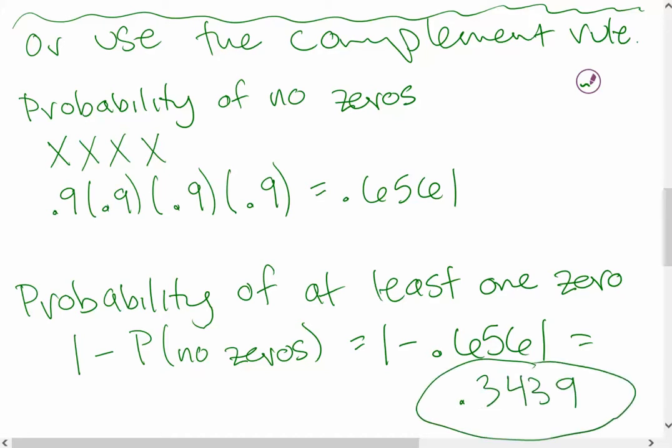So if you have a 4-digit PIN, the probability of getting at least one zero in there is 0.3439, so about 34%.